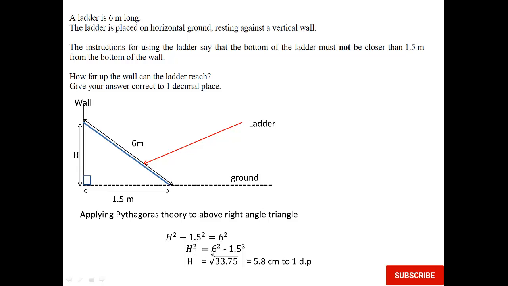It is equal to 6 squared minus 1.5 squared. Therefore, by taking the square root of 33.75, I can find h. The value of h will be equal to 5.8 meters. Since the answer must be given to one decimal place, h will be equal to 5.8 meters.